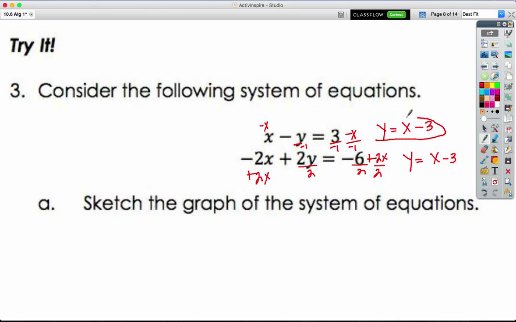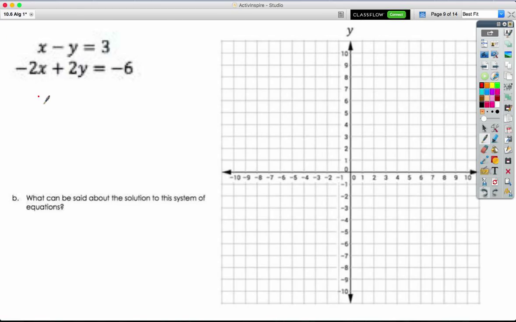So when we solve them for y, what do you notice about both equations? Well, they're the exact same equation. So we just talked about this. If I go to graph this, and they're both y equals x minus 3, I'll do them in different colors so we can see. If I graph the first one, I'm going to start with my y-intercept of -3. And if my slope just looks like an x and it's positive, that's an understood positive 1.